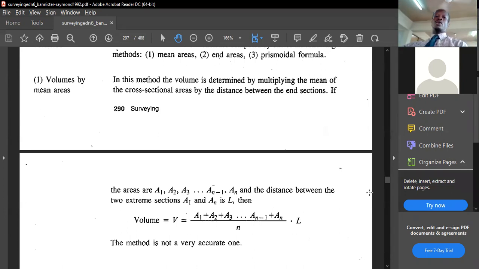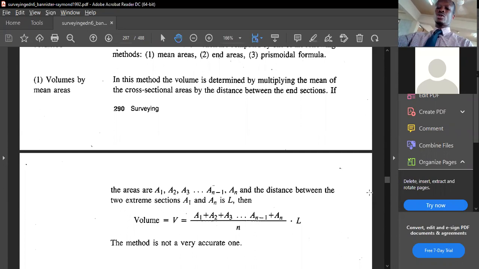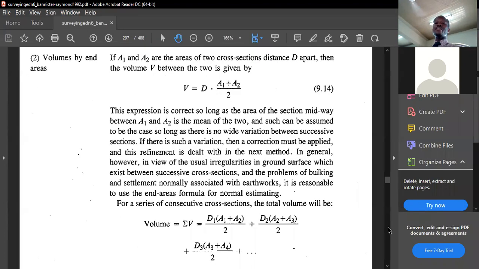Okay, so please take note that volumes are based on areas. So volume by mean areas is V equal to A1 plus A2 plus A3 up to A(n-1) plus An, all divided by n, times L. So you are finding the average and simply multiplying by the length of the project.